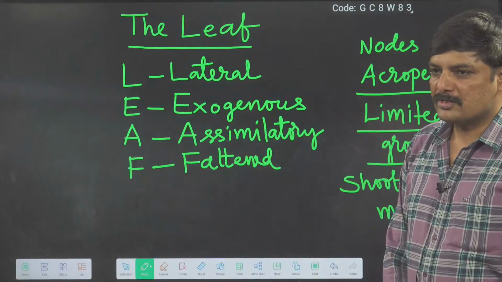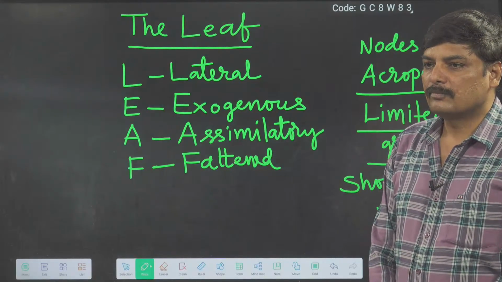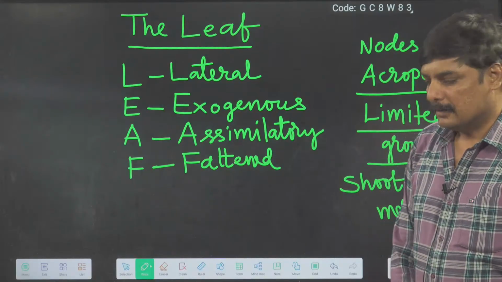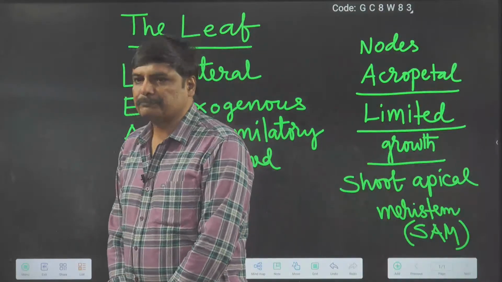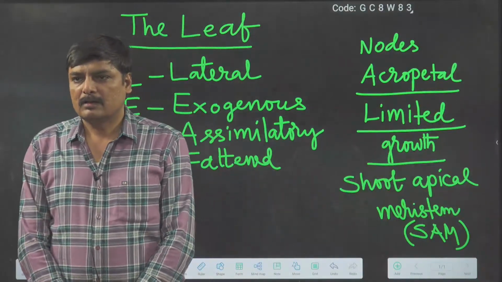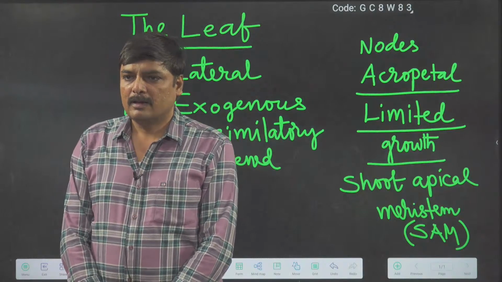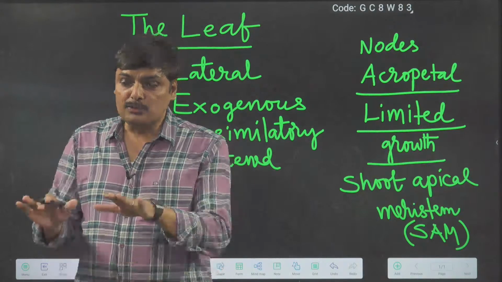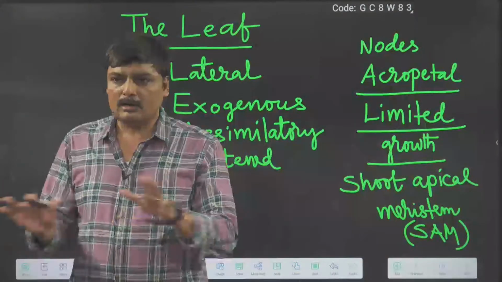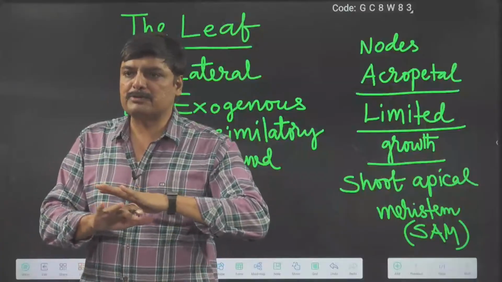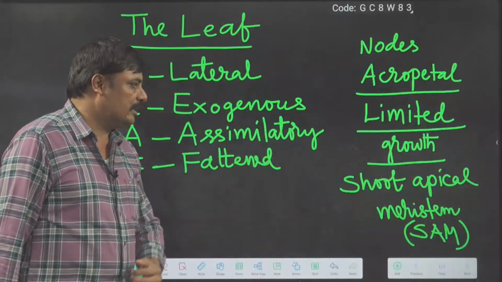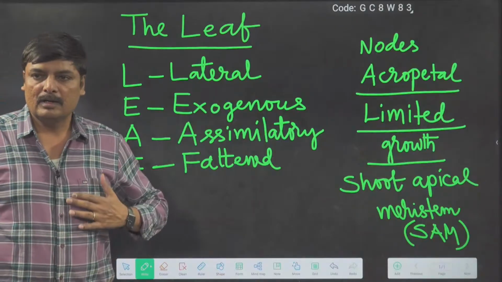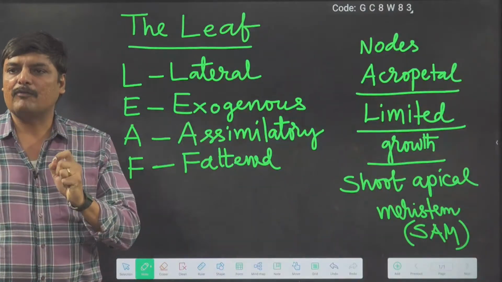I hope you all understand. These are very important points. Leaves are usually flattened; mostly the leaves are flattened. Now let us see the parts of a leaf.